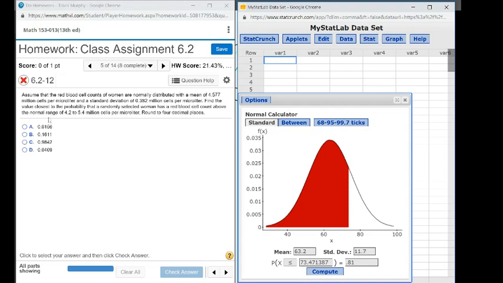Okay, so this is kind of throwing us here. They tell us the normal range, but we need to find the probability that a randomly selected woman has a red blood cell count above the range. So we have to take the rightmost value of the range and then find the area under the curve to the right of that number.